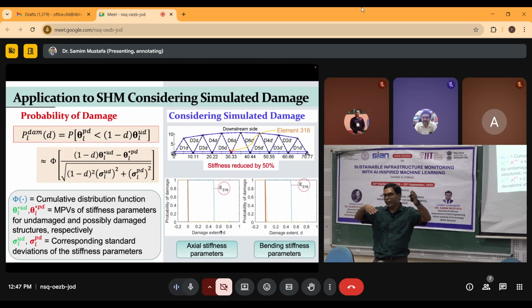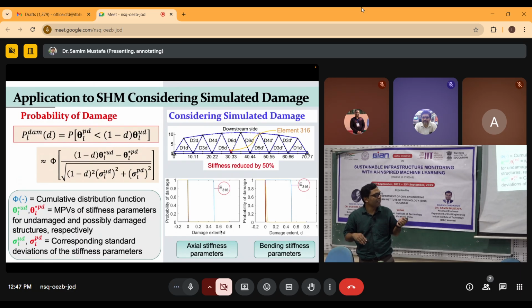Suppose you perform measurement this year and update the model, then next year you go to the site, measure again and update your model, and then you correlate these two thetas. If there is a change between the updated theta and their standard deviation, then you will see a peak, meaning some damage probability will be detected for a certain damage index.